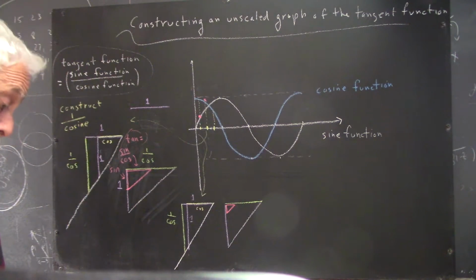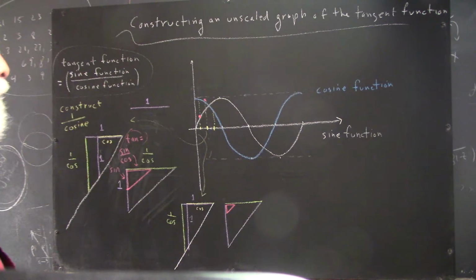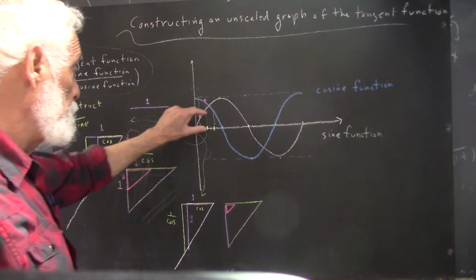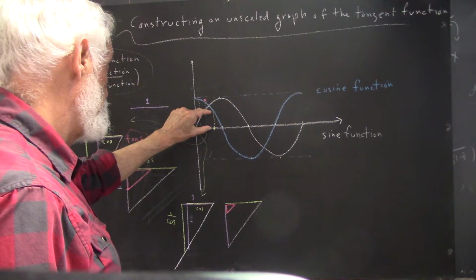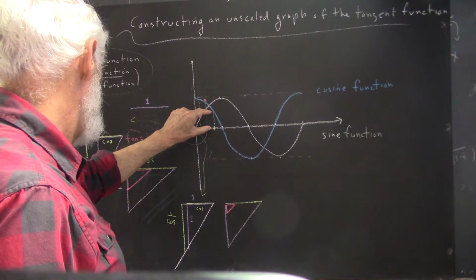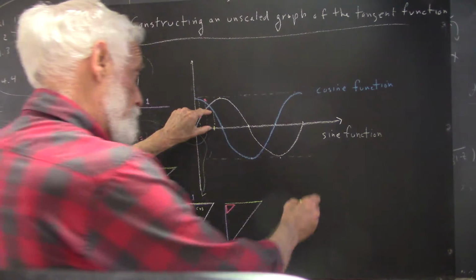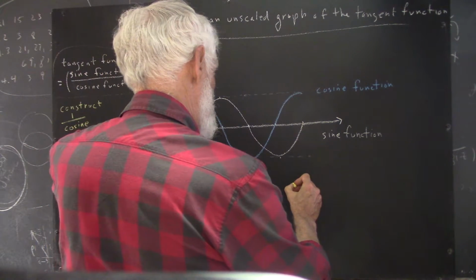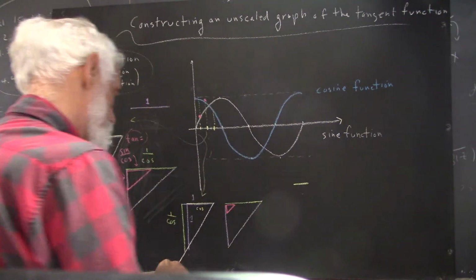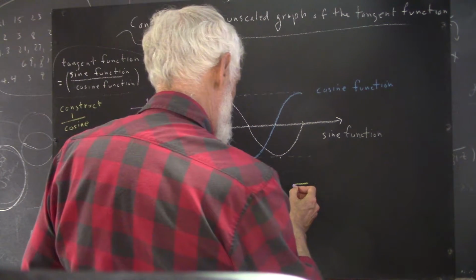Now, if we go to this point, things are going to change quite a bit. Okay, the value of the cosine now is going to be kind of small. So let's sketch that here. So there's, say, our value of the cosine. Here's our value of 1.